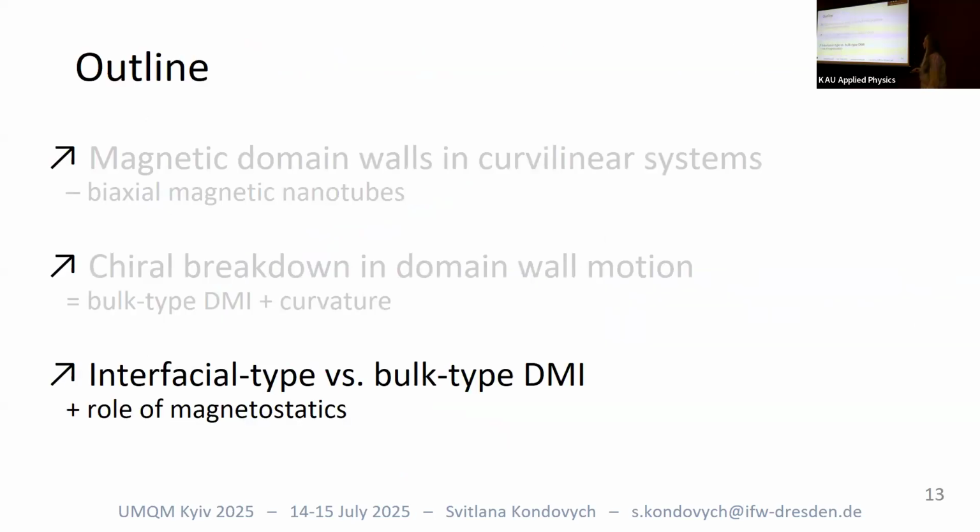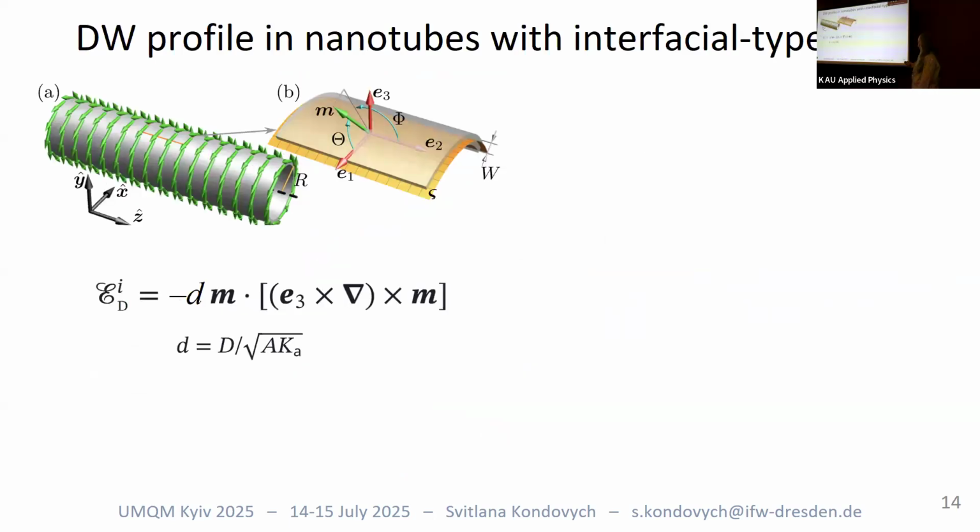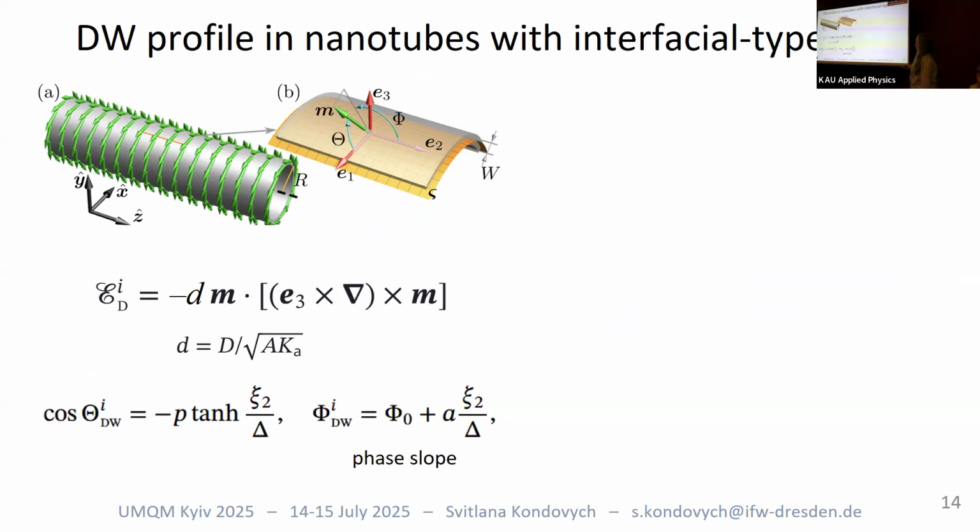The last part of the work was devoted to another type of DMI, intrinsic DMI. If we consider DMI of this type, which also prefers the tangential orientation of the magnetization on the nanotube surface, the situation changes, of course. First, the profile of the domain wall is different.